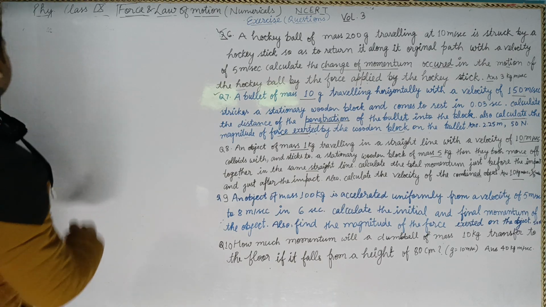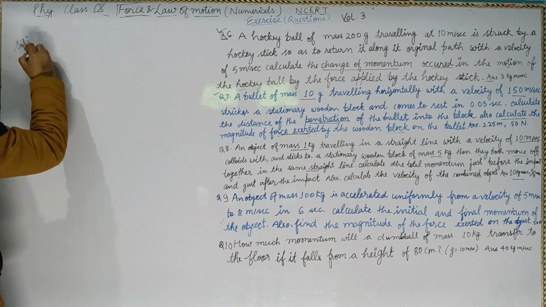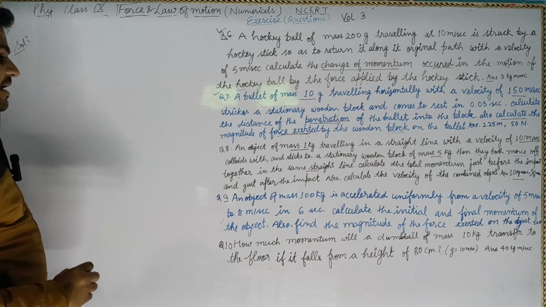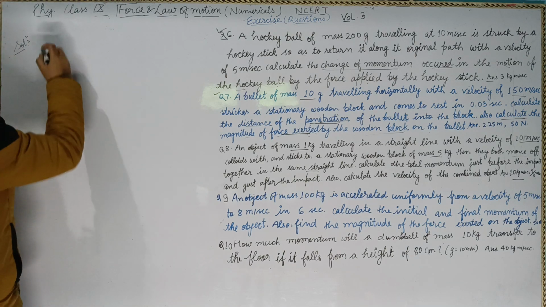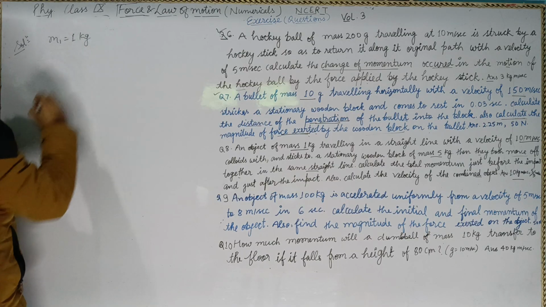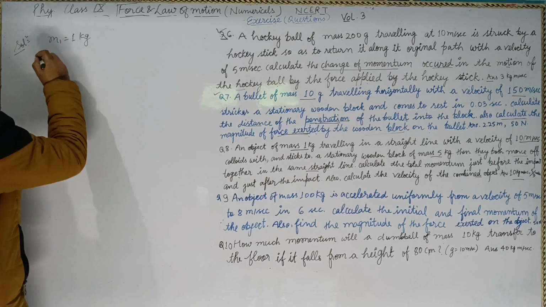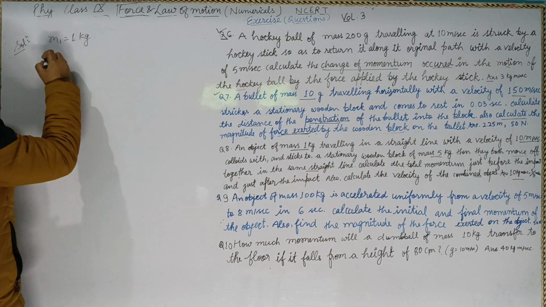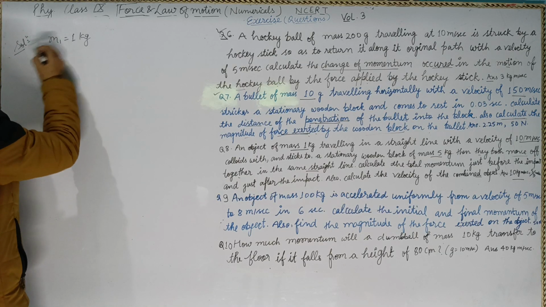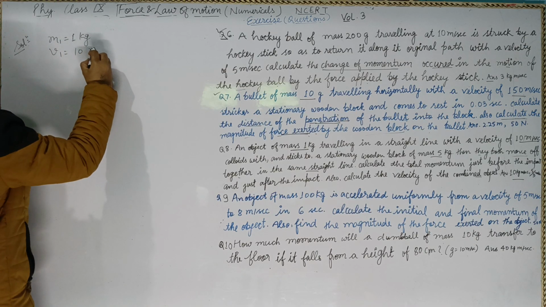So we write the given values here. It is the solution of question number 8. An object of mass 1 kilogram, m1 is equal to 1 kilogram, in a straight line with the velocity of 10 meters per second. Its velocity is given here, v1 is equal to 10 meters per second.